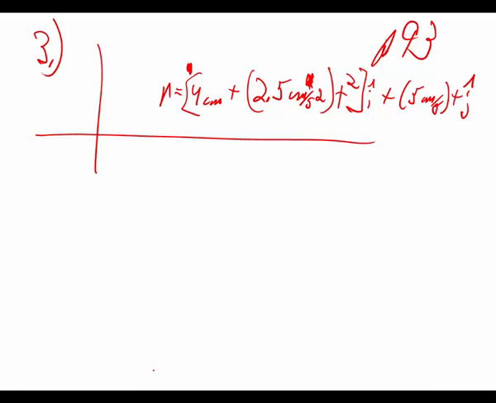Find the magnitude and direction of the dot's average velocity between T equal to 0 and T equal to 2.0 seconds. So we want to find the average velocity from T is equal to 0 seconds to T is equal to 2 seconds, right?